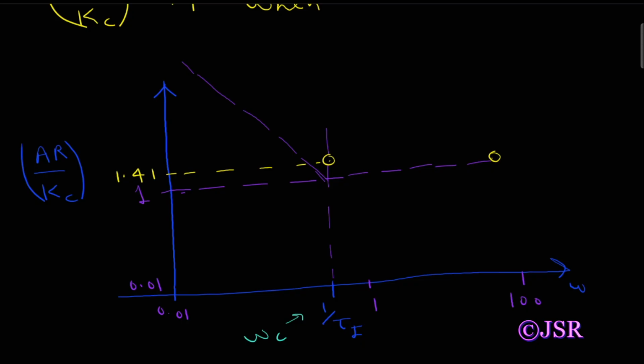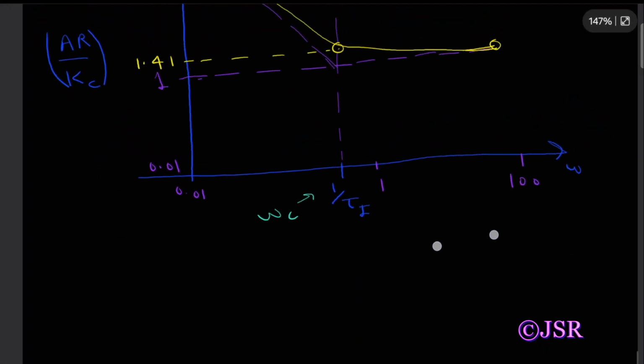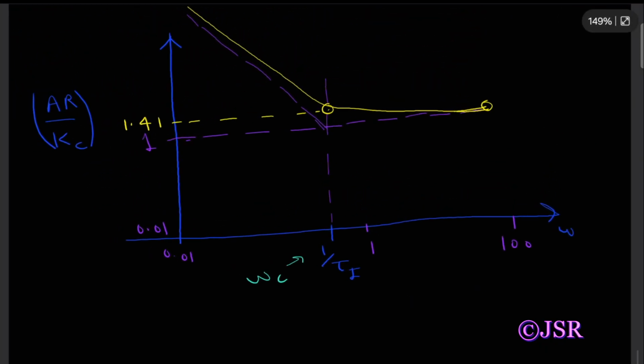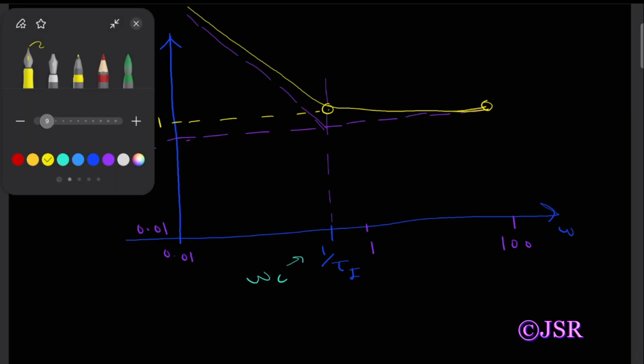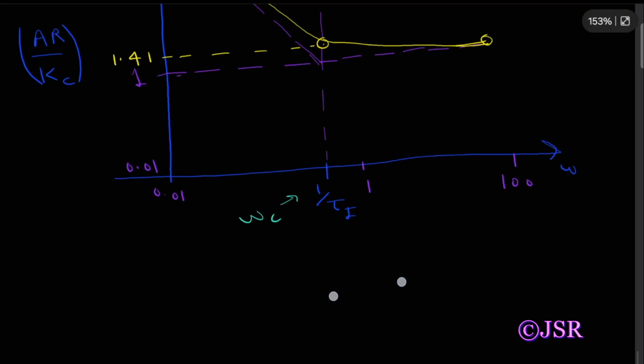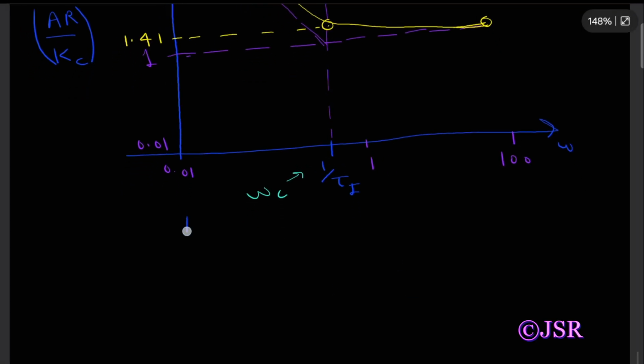So now we can plot the gain plot like this. So for the PI controller, the gain plot will look like this, and the phase plot can also be drawn in a similar way.